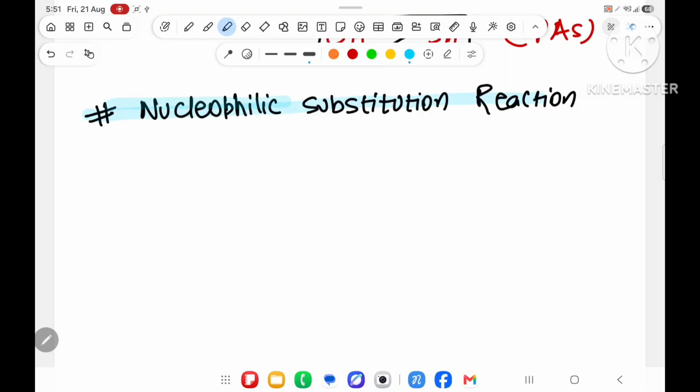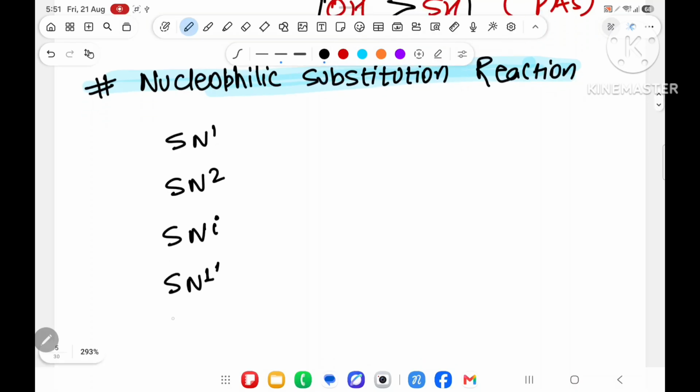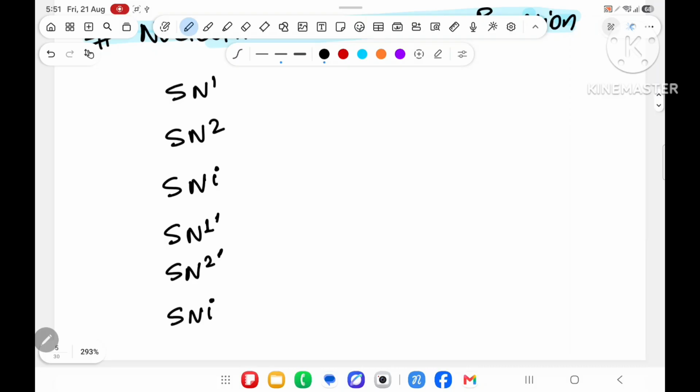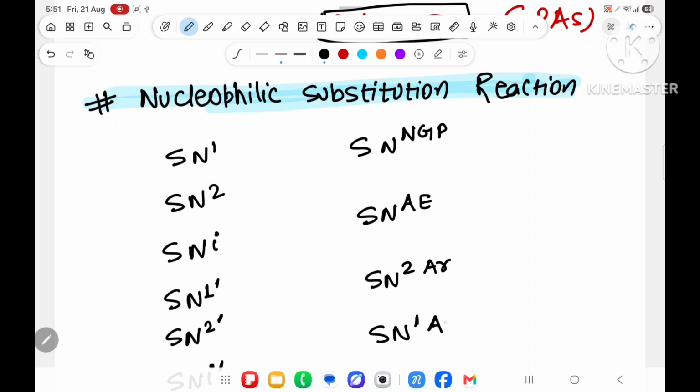Now, in nucleophilic substitution reaction, we have to study lots of things like SN1, like SN2, like SNi, like SN1 prime, like SN2 prime, like SNi prime, like SN-NGP, like SNAE, like SN2 aromatic, like SN1 aromatic.